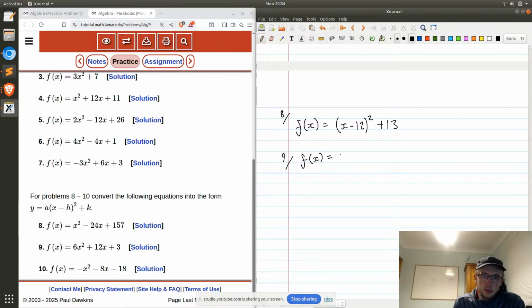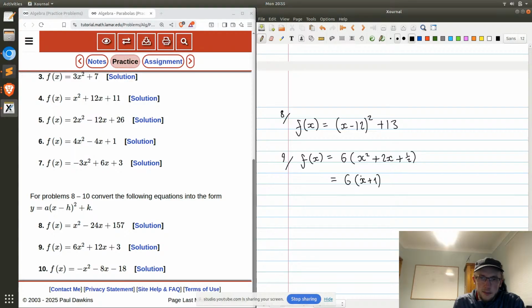So factor out 6. And you will have x squared plus 2x plus 1/2. And then complete that square.